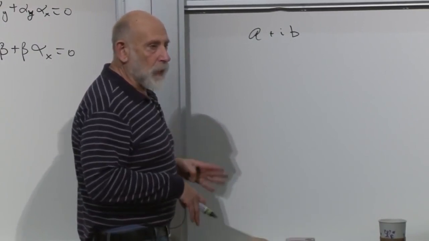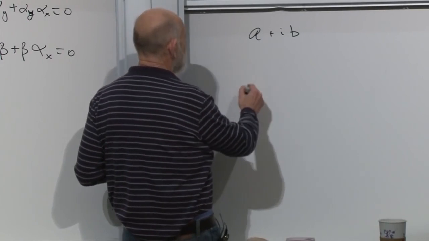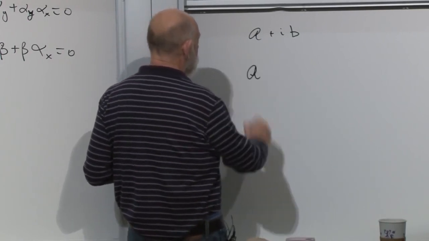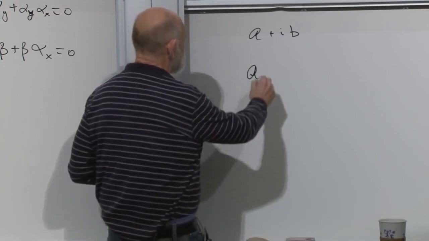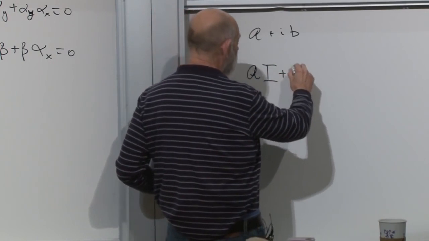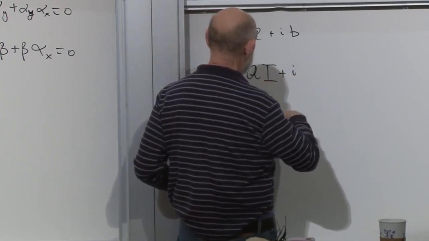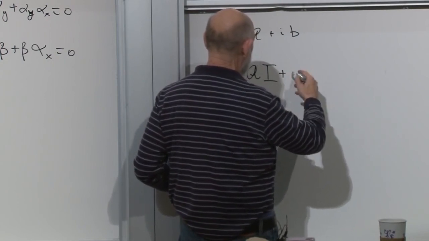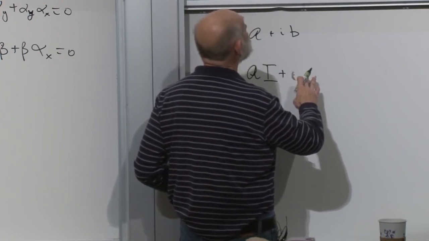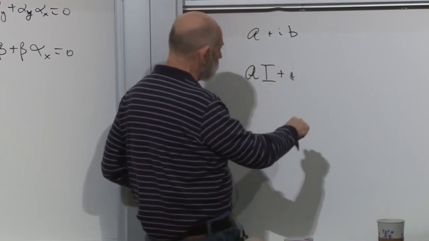Every Hermitian 2x2 matrix can be written as a thing proportional to the unit 2x2 matrix plus I times, is there an I? No I. I think I misspoke. I think I want to put an I there. Not Hermitian, forget Hermitian.